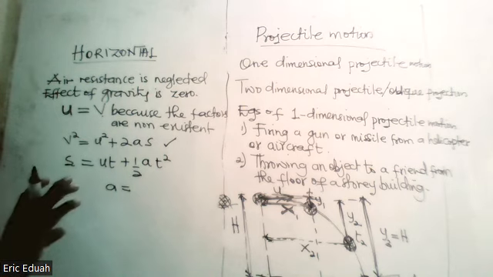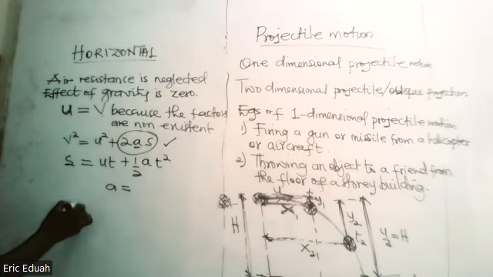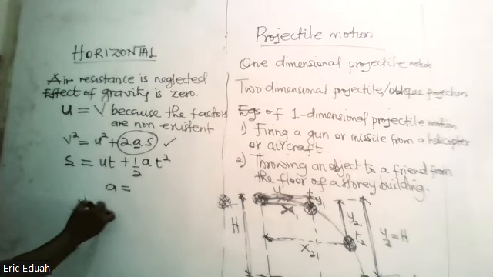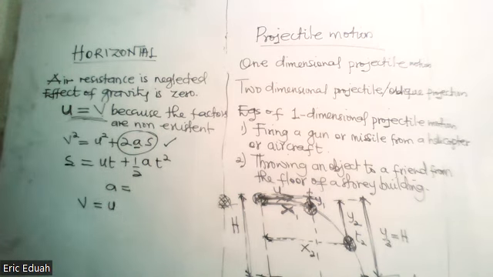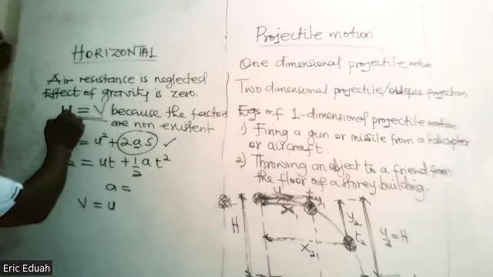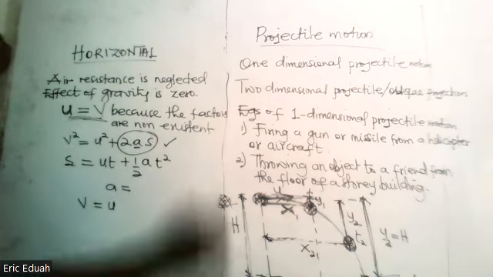It will be 0. Because this is 0, we'll have final velocity being equal to initial velocity, confirming the same equation. Because the initial velocity is equal to final velocity, the body will not accelerate.